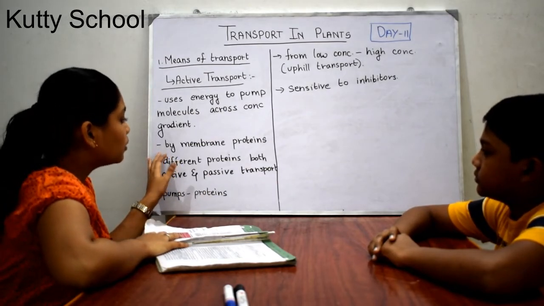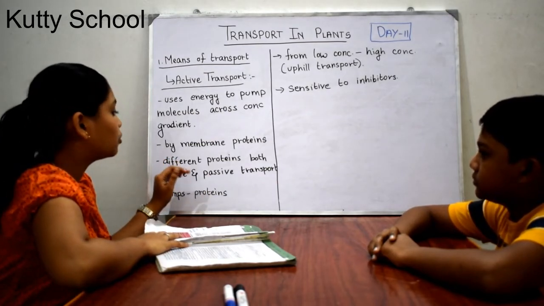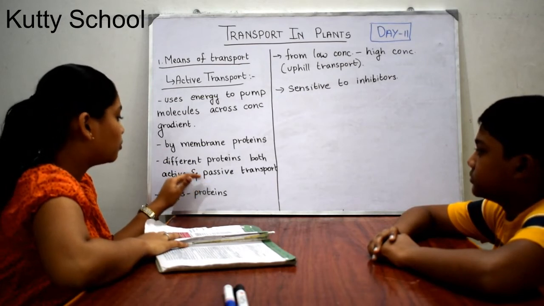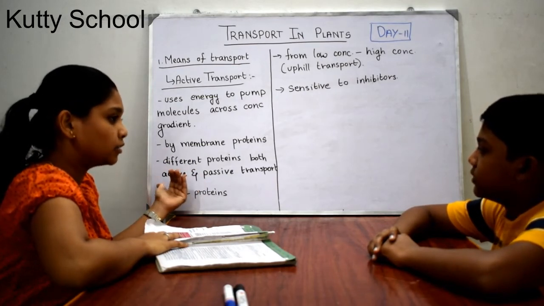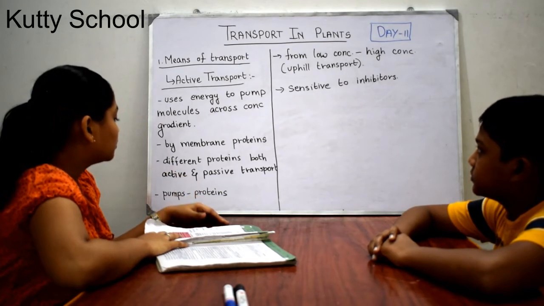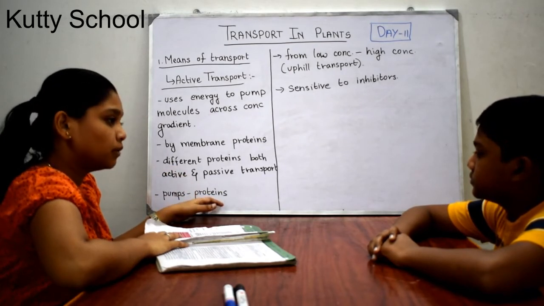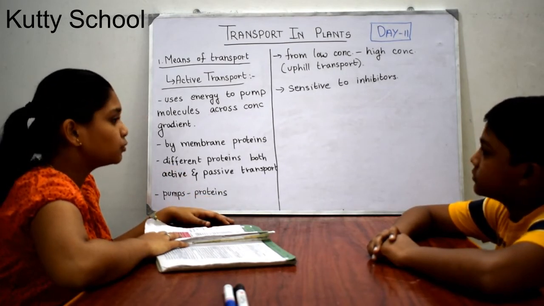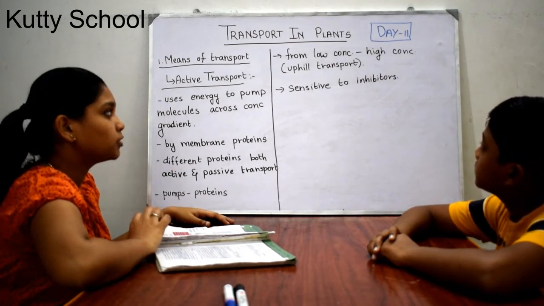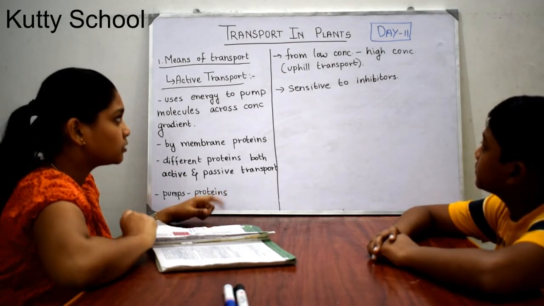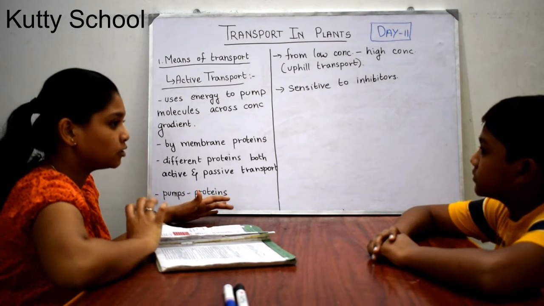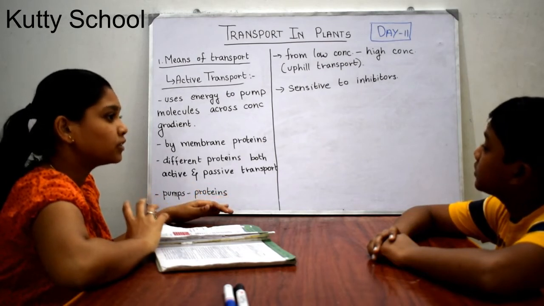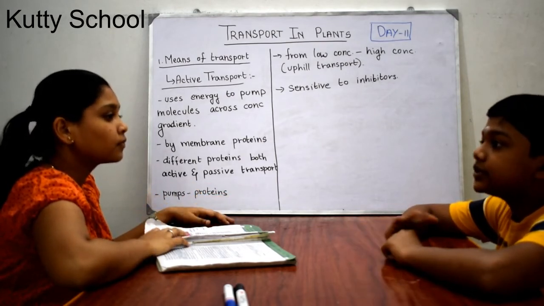Both are equal at some times. Some proteins do both passive transport and active transport. So here these pumps are nothing but proteins. This uses energy. It pumps substances from low concentration to high concentration, whereas in diffusion and facilitated diffusion, substances move from high concentration to low concentration.